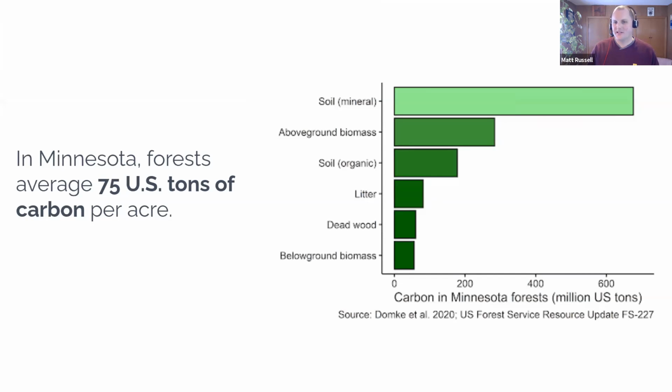There can be some differences. For example, in the western states, there may be a lot of deadwood if they've had some of those more recent disturbances such as wildfire. These rankings of which pools contribute the most to carbon become important, especially as you can look at the transition.